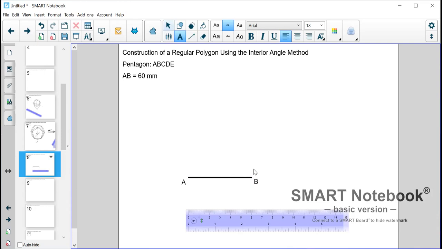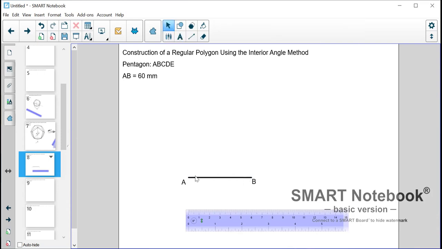Having completed that, what we need to do next is find the interior angle for this pentagon. The interior angle for a pentagon is 108 degrees.